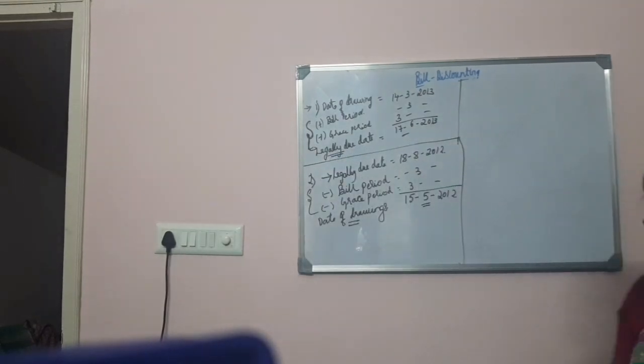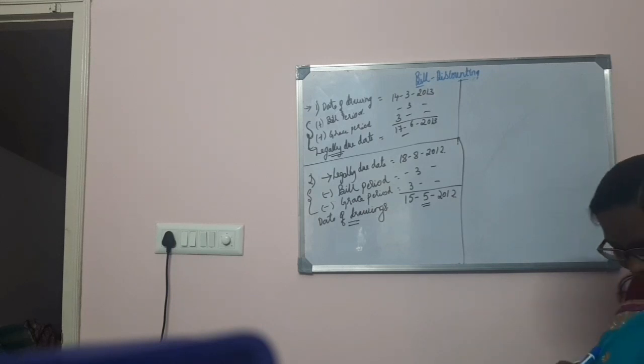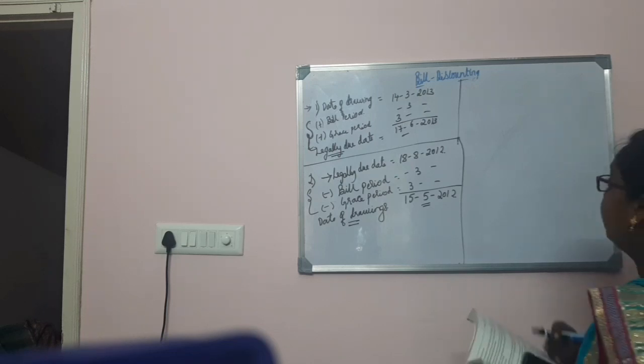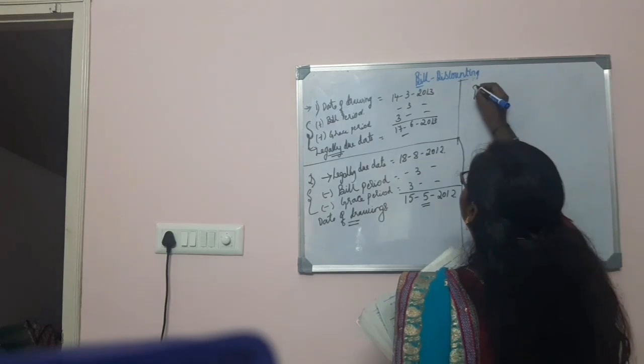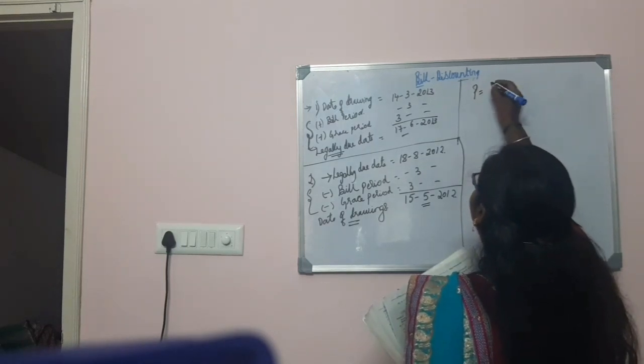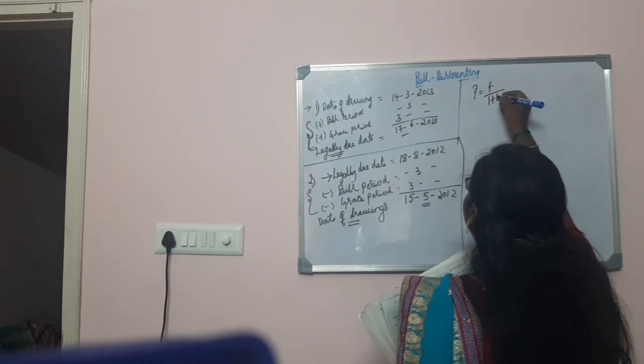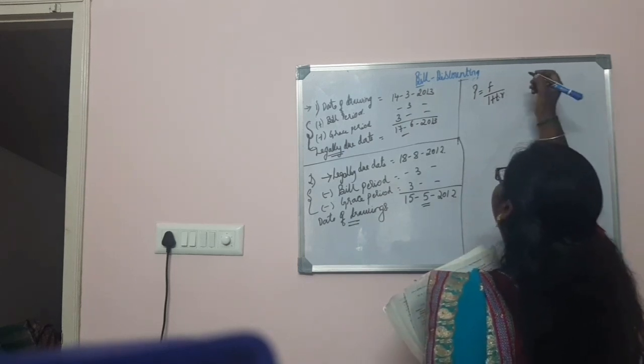Now moving on to the third problem. Find the present value of ₹750 due 4 months since at 15% per annum. So they have asked us to find the present value, that is P is equal to F divided by 1 plus T into R. This is the formula.